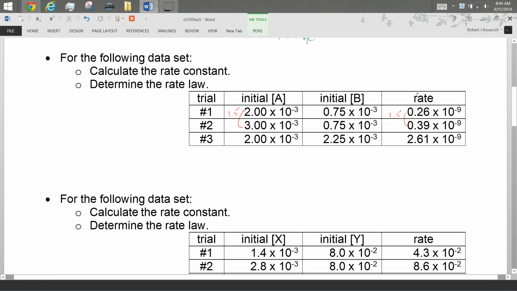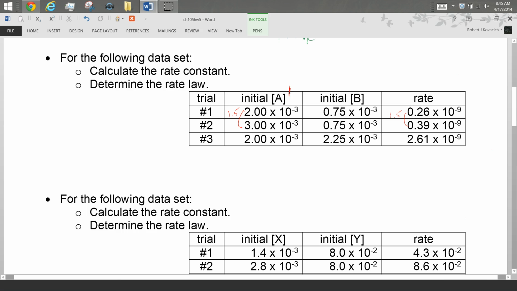Yep, 1.5. If I multiply the 0.26 times 1.5, I get the 0.39. They're all 13s, right? 2 26s is a 13, and a third 13 is 39. Okay, so they both went up by the exact same value. So what order is it with respect to A? First. Okay, so it's first order with respect to A.